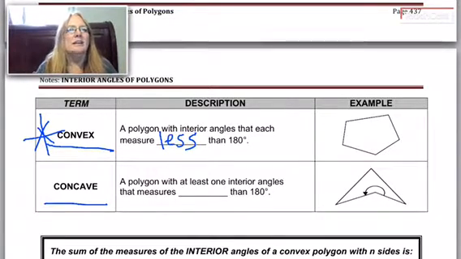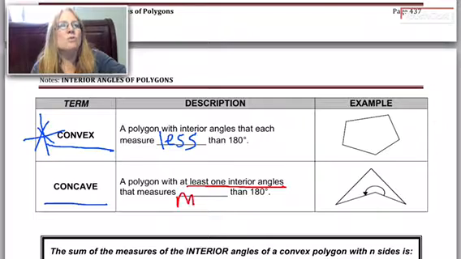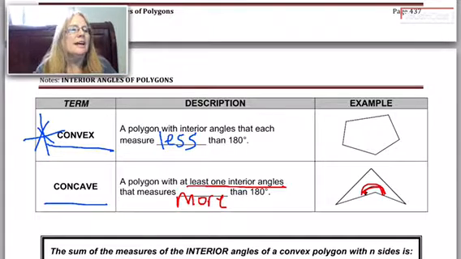Now a concave polygon has at least one interior angle that measures more than 180 degrees. In this picture you see this interior angle right here. That is more than 180 degrees. So it can have more than one, but just having one is enough.